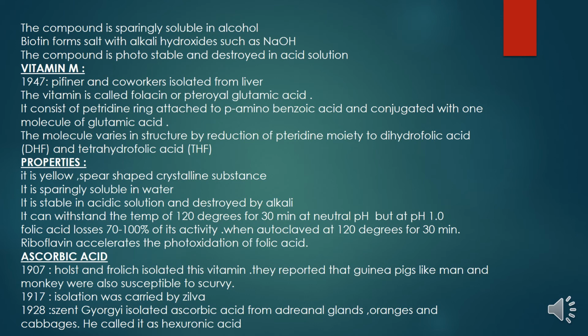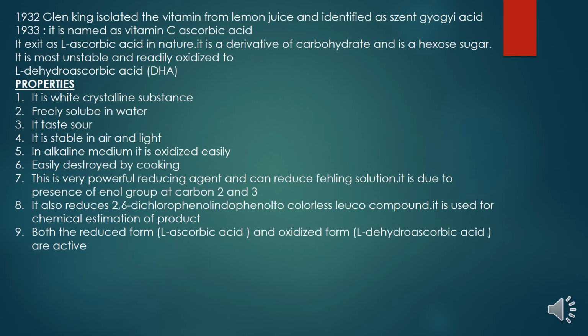In 1928, Szent-Györgyi isolated ascorbic acid from adrenal glands, oranges, and cabbages, and he called it hexuronic acid. In 1932, Glen King isolated this vitamin from lemon juice and identified it as Szent-Györgyi acid. It is named vitamin C, ascorbic acid.